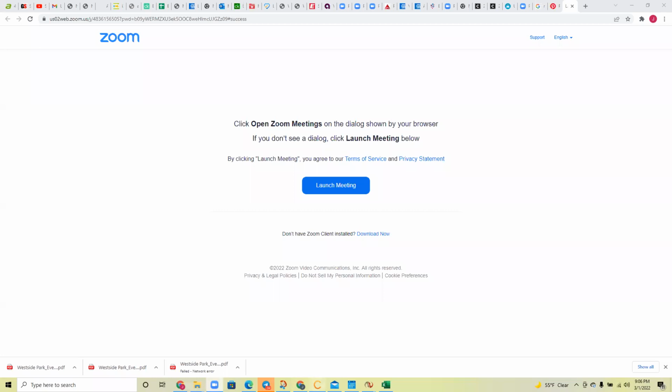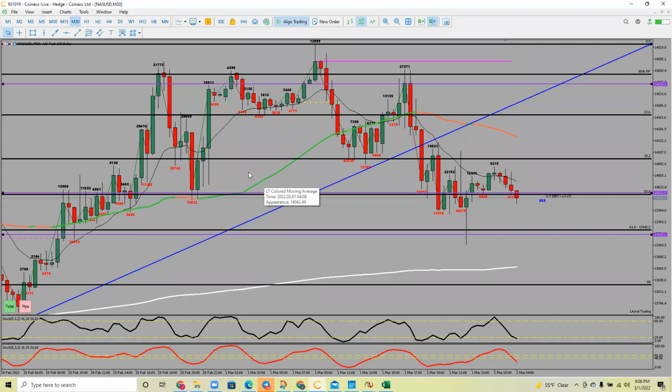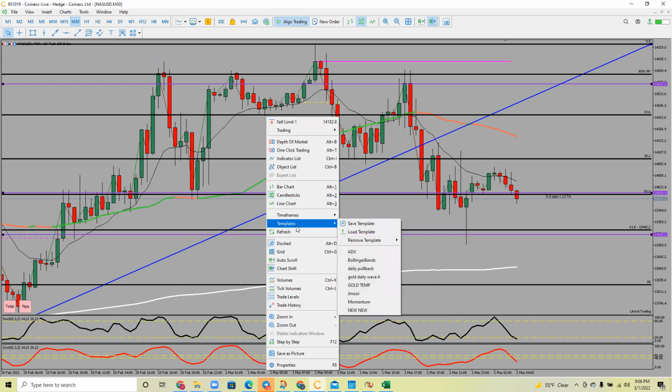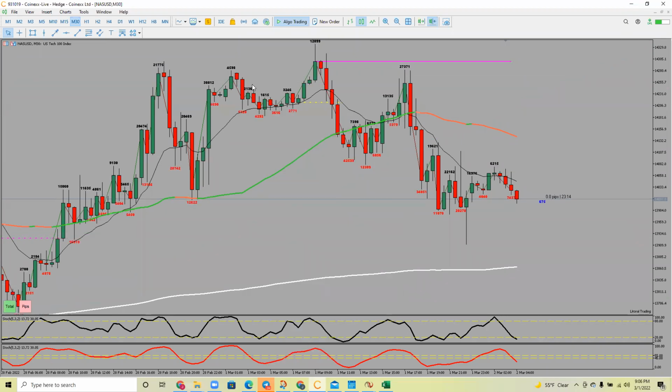We use the 50 EMA. Sorry, we use the 50 SMA, the simple moving average, not the exponential moving average, but the simple moving average. And what are the key rules with the 50? Who can tell me?